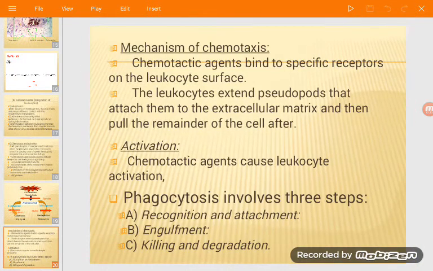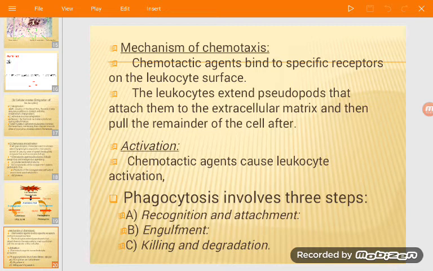The mechanism of chemotaxis, as I said: the chemotactic agent binds to a specific receptor on the leukocyte surface. This will lead the leukocyte to move towards the higher concentration of chemotactic agent by extending pseudopodia and rolling, and go towards the area of high concentration of chemotactin. Then the chemotactic agent causes leukocyte activation.